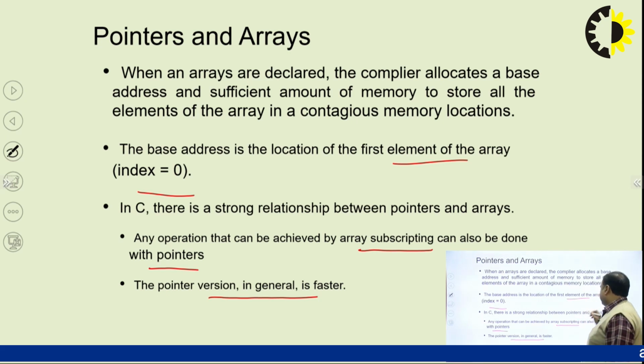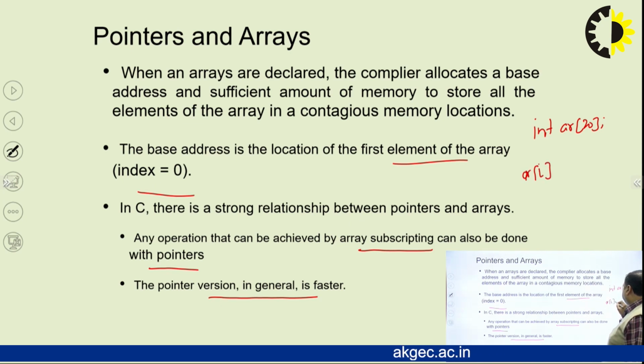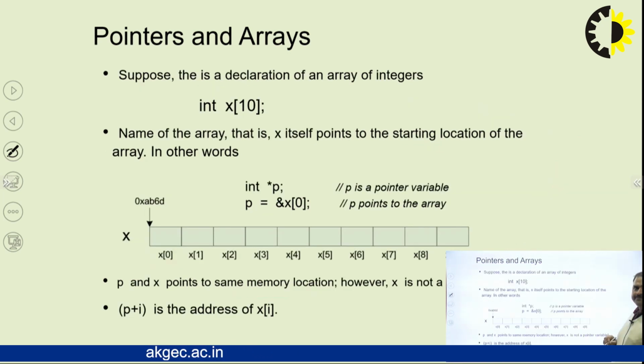Like if I am having an integer array AR of size 20 and I write AR[I], that is subscripting, or we can write *(AR plus I). That will be using a pointer.